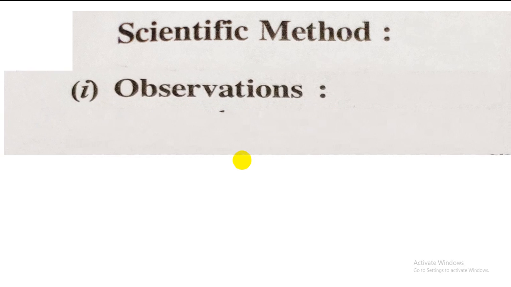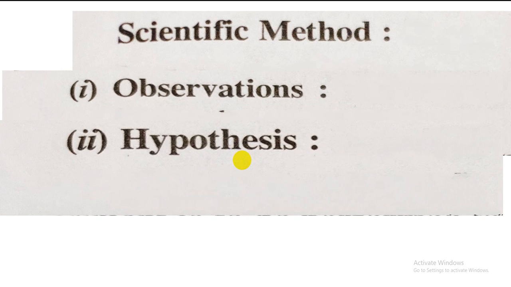Now we will discuss the scientific method, which is very much required in physics, so that we actually understand nature and natural phenomena. The first thing we do is observe a natural phenomenon. We take readings, we see what is happening, and we make a note of all the observations.